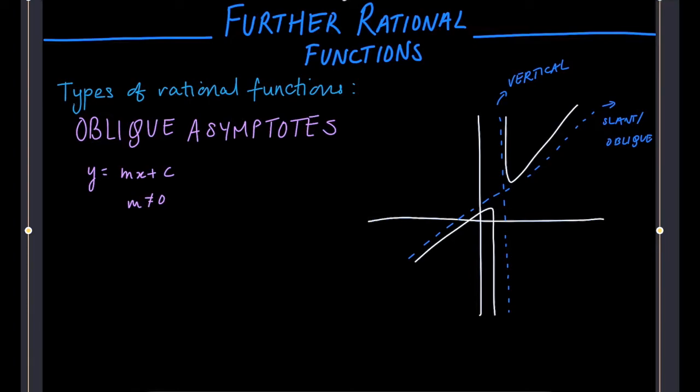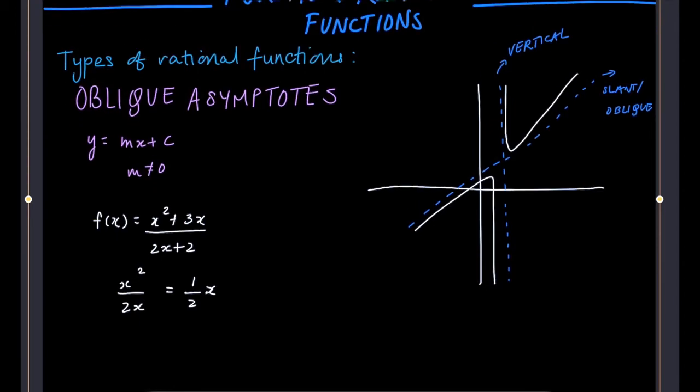So let's say we have f of x... Let's say we have that. If we only consider the terms with the highest degree in the numerator and denominator, the quotient would be x squared over 2x, which is 1/2 x, right? Because one of the powers would cancel out. So that's our first step.